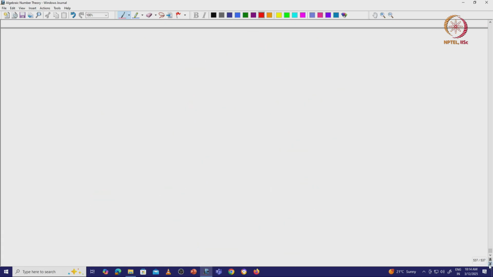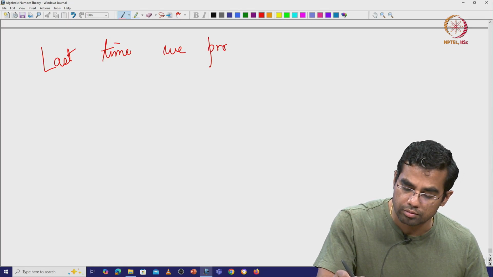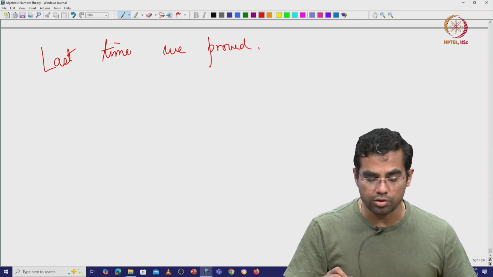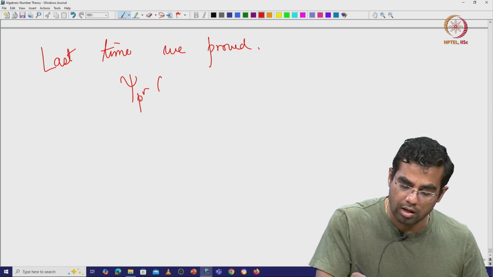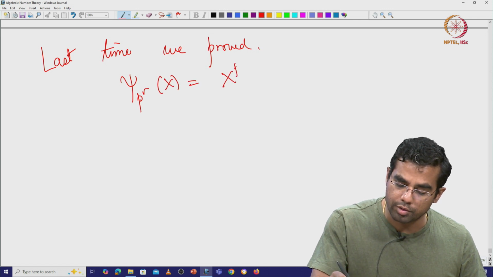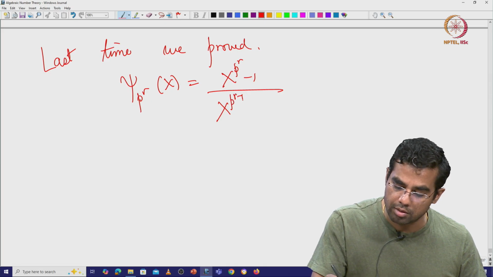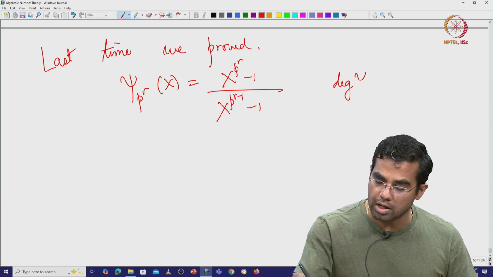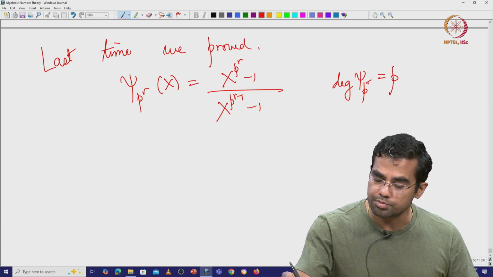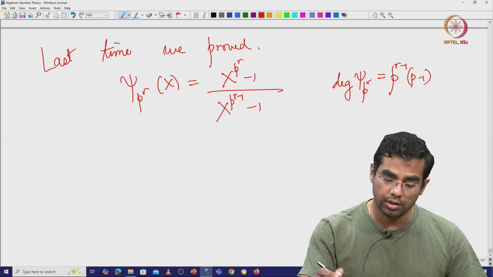So, last time we proved a bunch of things. We took psi_{p^r}(x) to be (x^(p^r) - 1) divided by (x^(p^(r-1)) - 1). So, in particular, the degree of psi_{p^r} is p^(r-1)(p-1), right.